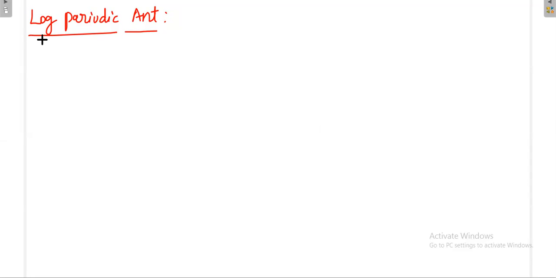That's why you take log. So a log periodic antenna is a broadband antenna or wideband antenna. That's very, very important.